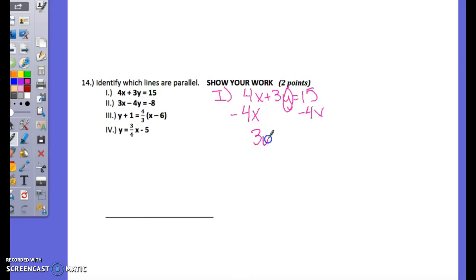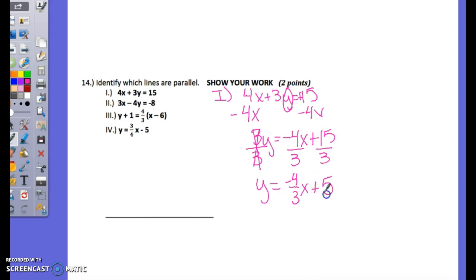And I had 3y equals negative 4x plus 15. Then I have to divide everything by 3. So y equals negative 4 thirds x plus 15 divided by 3 is 5. So my m is negative 4 thirds.